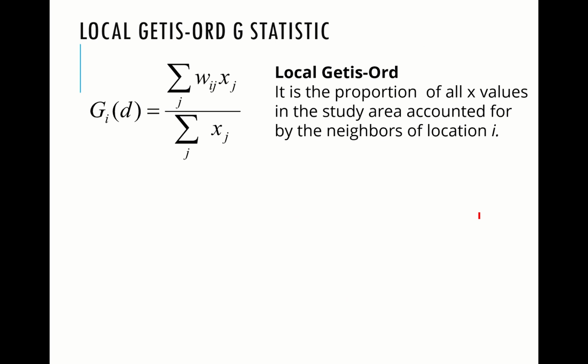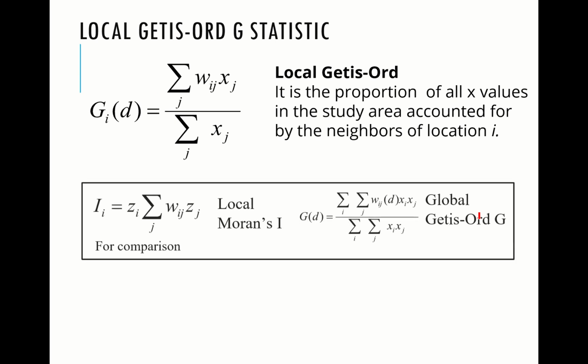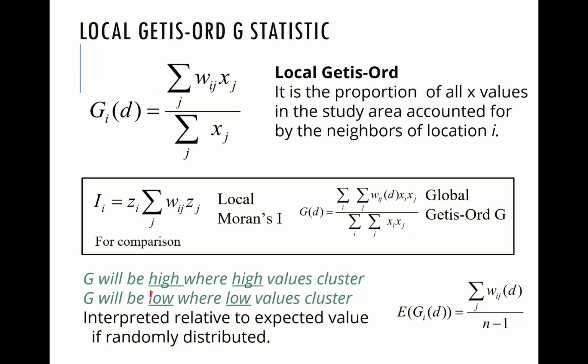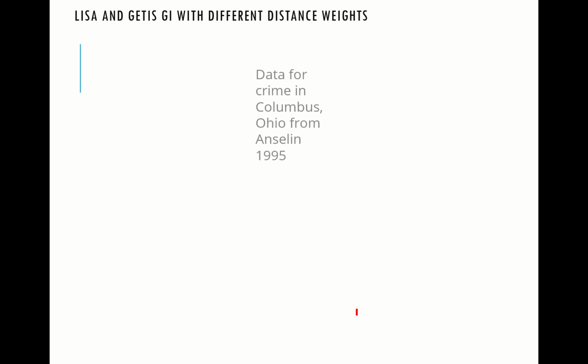Then the last one we'll talk about here is called the local Getis-Ord G statistic, right? So again, a local measurement of clustering, where the G will be high where high values cluster, and the G value will be low where low values cluster. And we compare the G to an expected value to see how random or non-random our spatial distribution is.